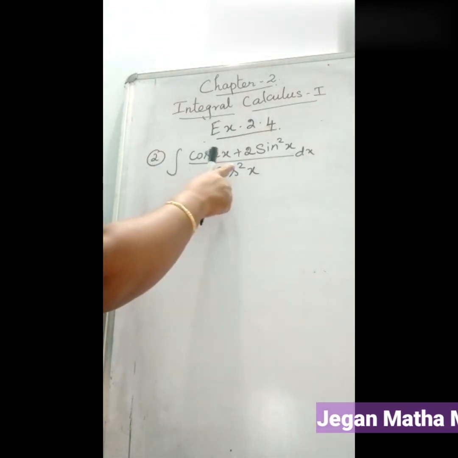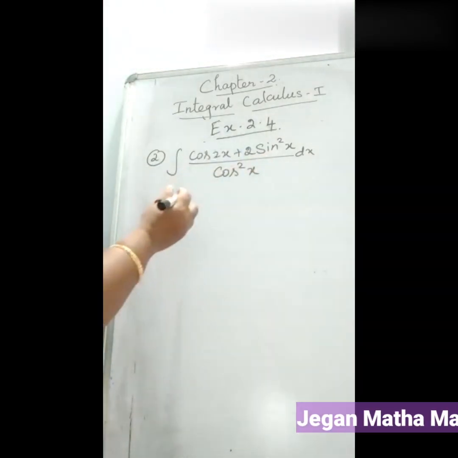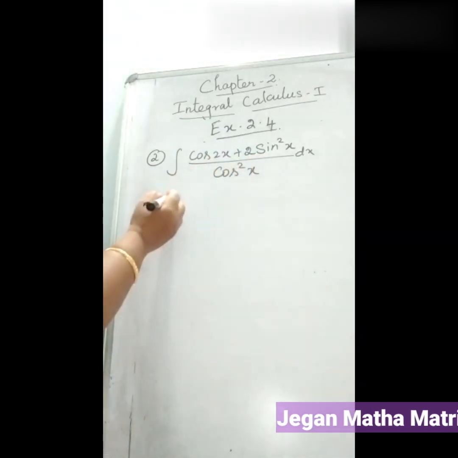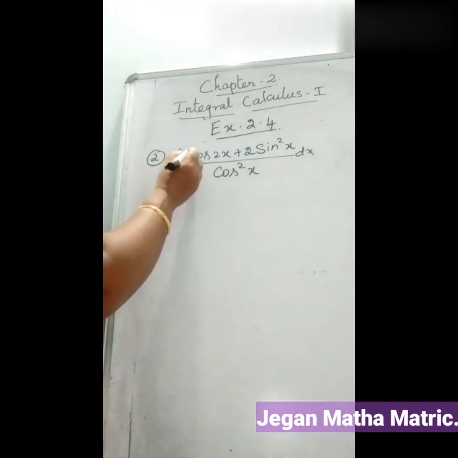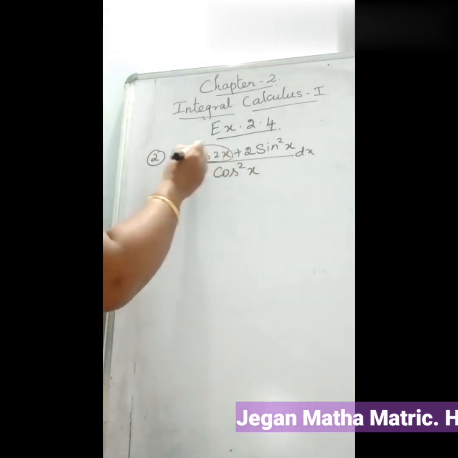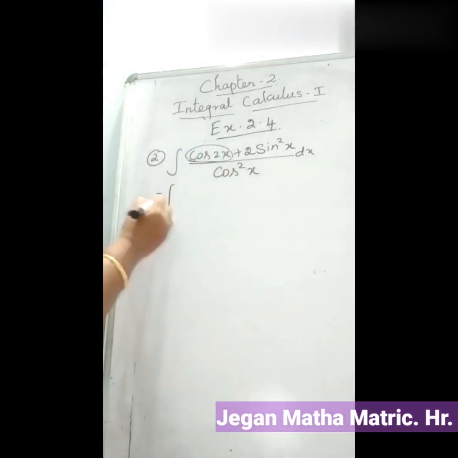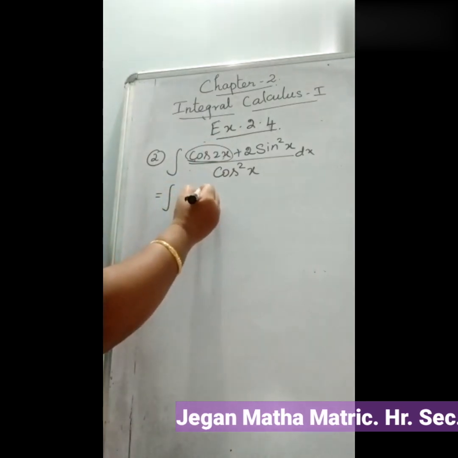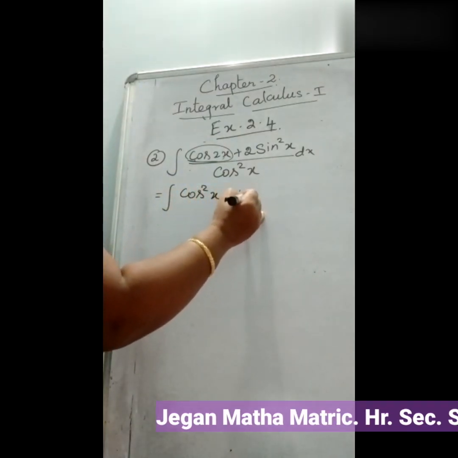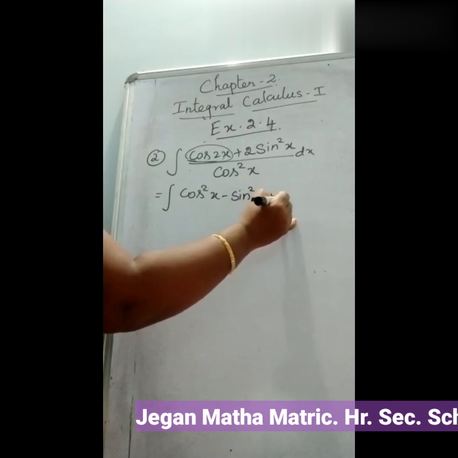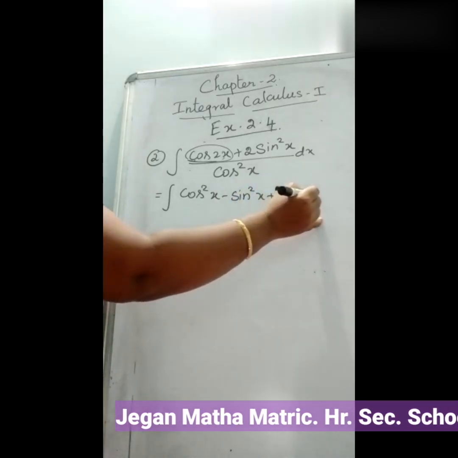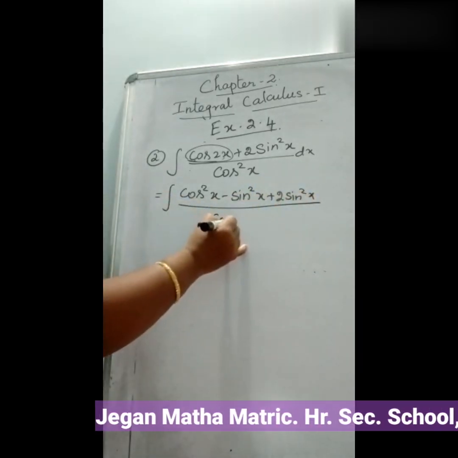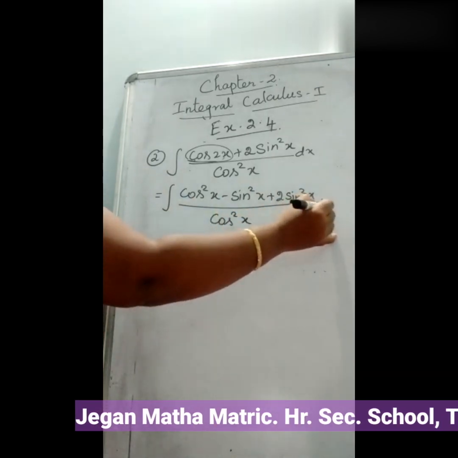Let us see the next sum, integral of cos 2x plus 2 sin squared x divided by cos squared x into dx. Instead of cos 2x, we take the formula cos squared x minus sin squared x. So the integral of cos squared x minus sin squared x plus 2 sin squared x divided by cos squared x into dx.